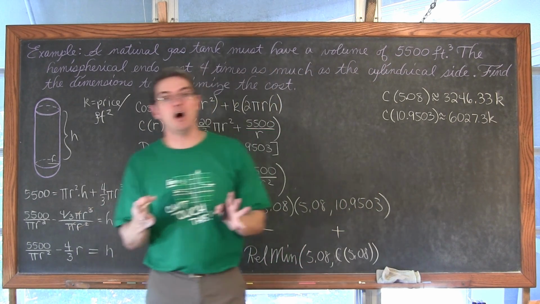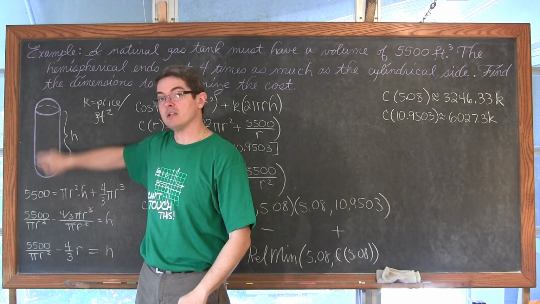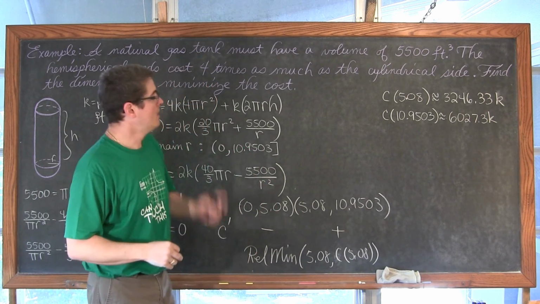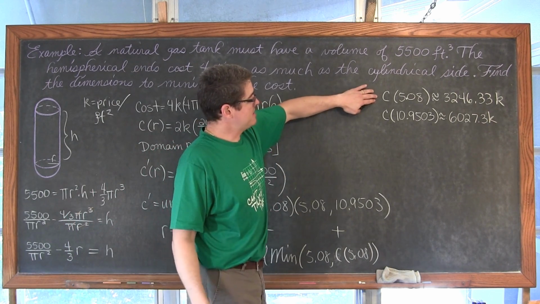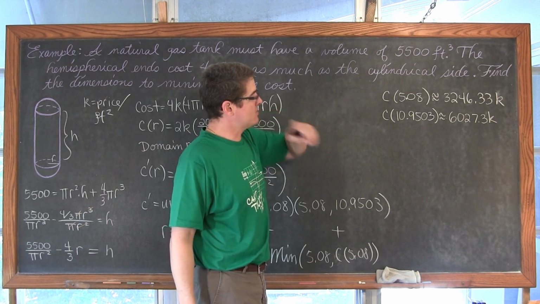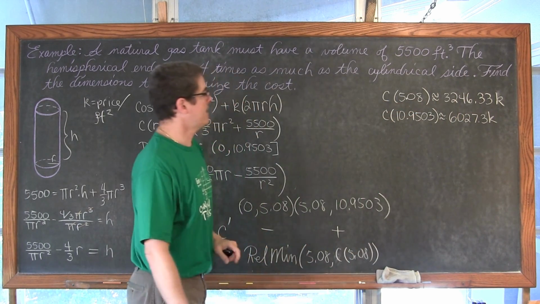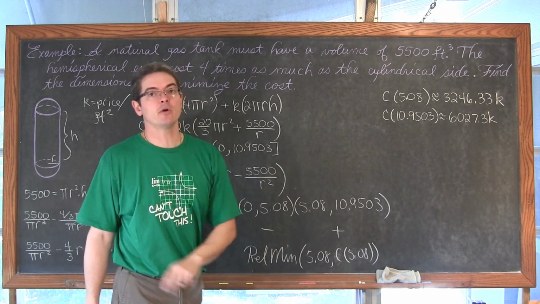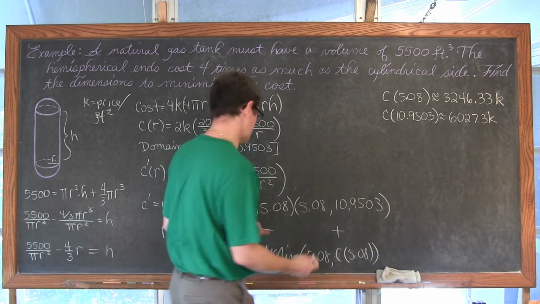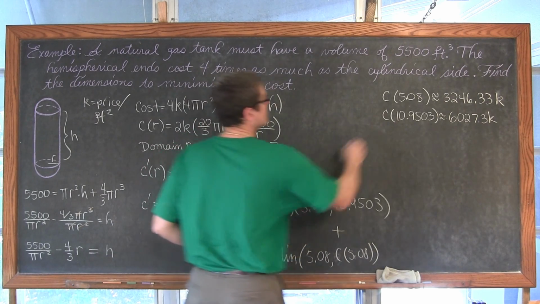We're minimizing the cost, and these end caps cost a lot more than the cylindrical side. So when r is equal to 5.08, we do have a minimum cost value of 3,246.33 K, or when the radius is 5.08 feet, which I probably should have put up there.